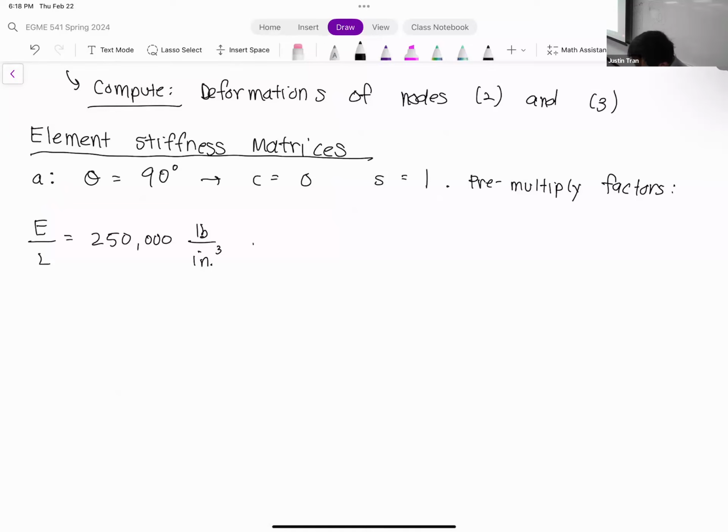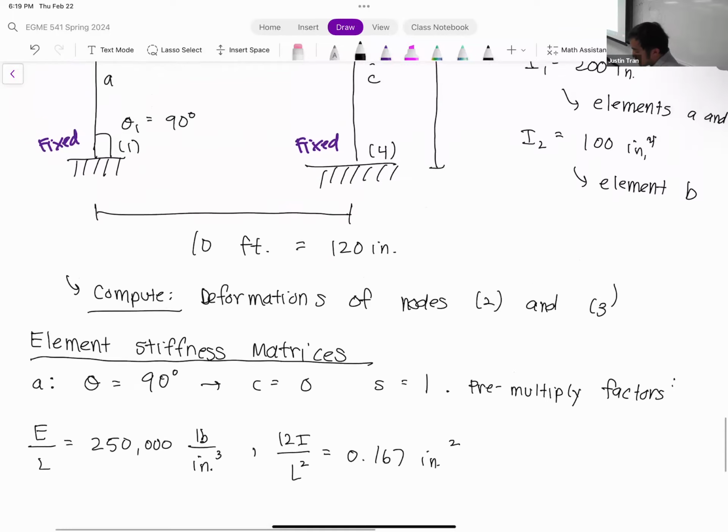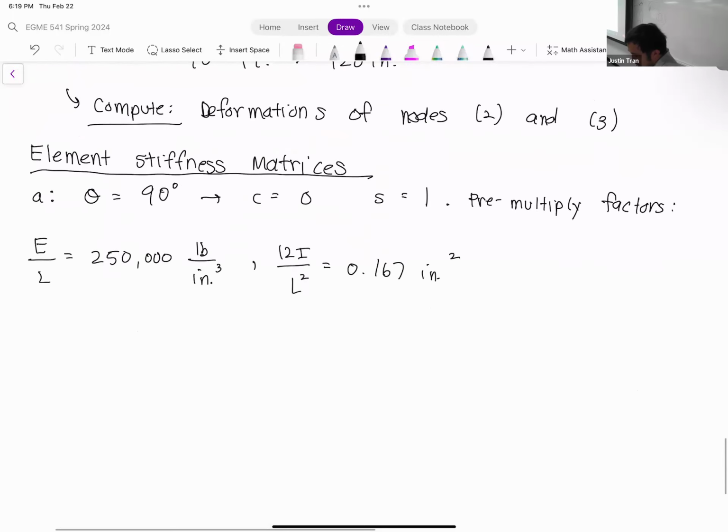Next factor that we have in our matrix is going to be 12I over L cubed, or L squared, excuse me. Okay. So you see that factor show up quite a bit in the matrix. So let's go ahead and just multiply it here and just plug in whenever you see it. All right, and so if we take those values for this element here, 12 times I for this element is 200 inches to the fourth, divided by L squared, we get 0.167 inches squared.